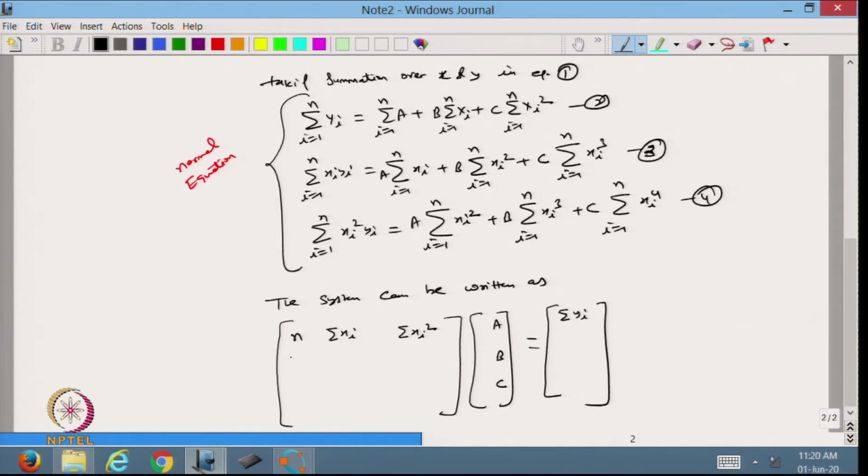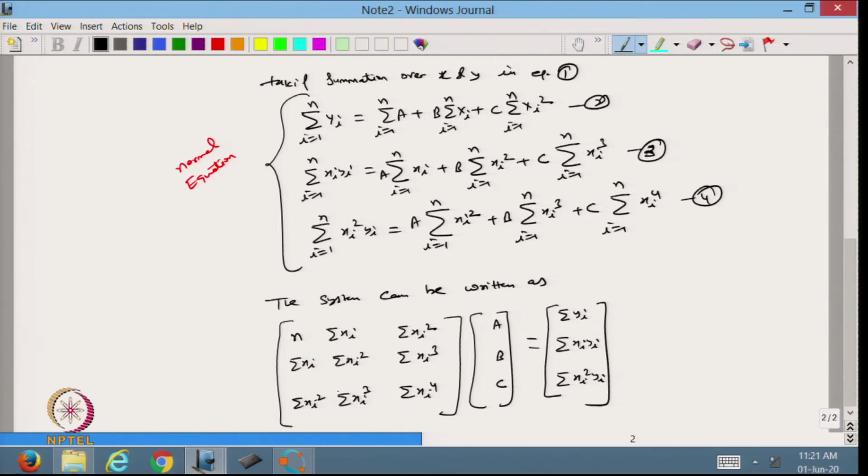From the next equation I get summation xi, summation xi square, summation xi cube, and on the right hand side xi yi. Then I get summation xi square, summation xi cube and summation xi power 4, and the right hand side is xi square yi. So from here I get this system.